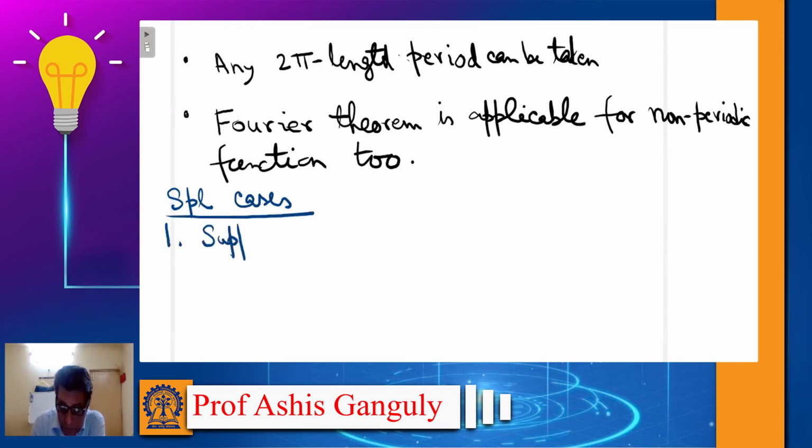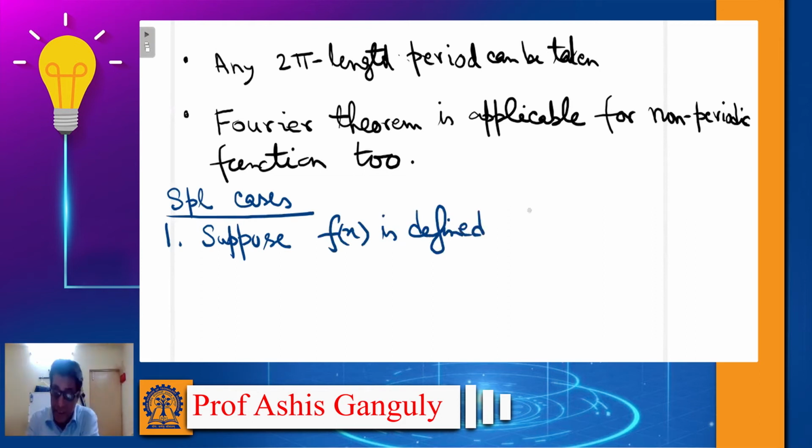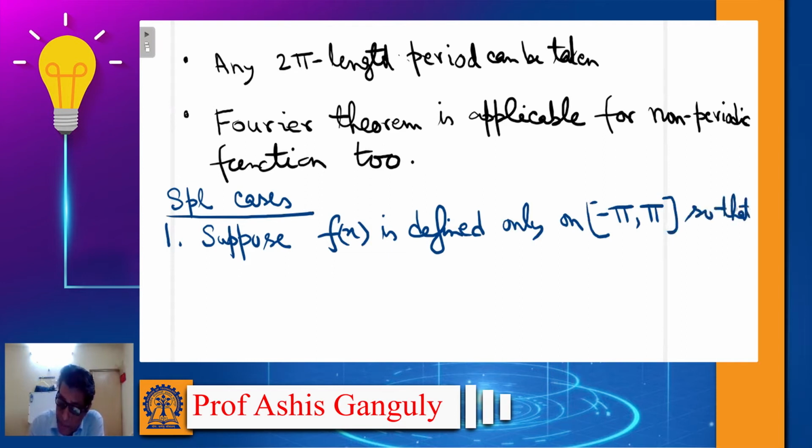Suppose f(x) is defined only on, let's say, minus pi to pi. So that f is no longer periodic.